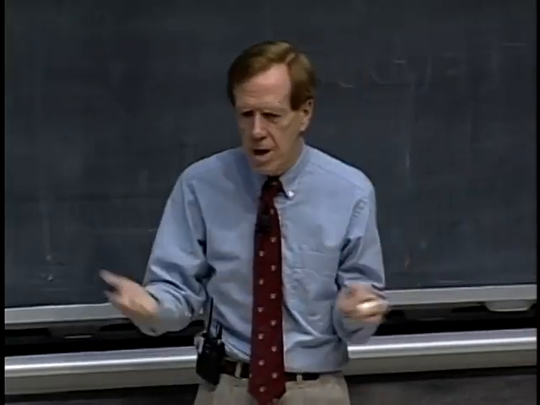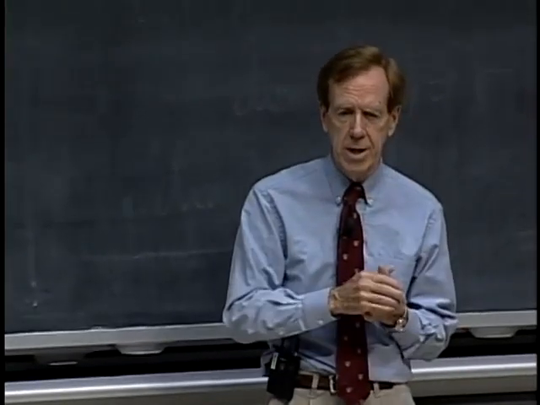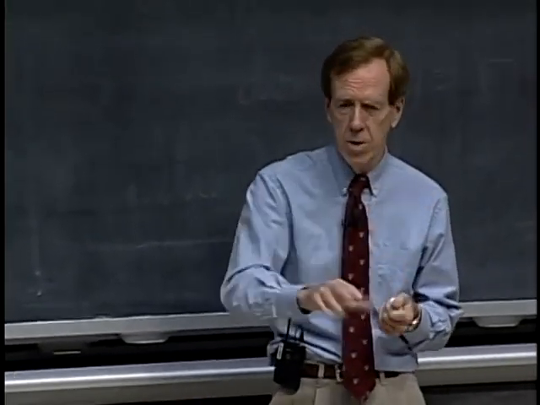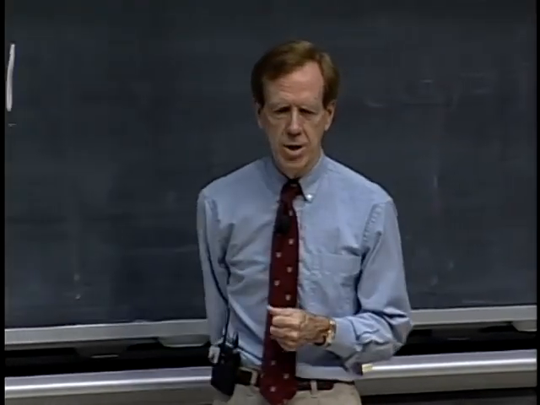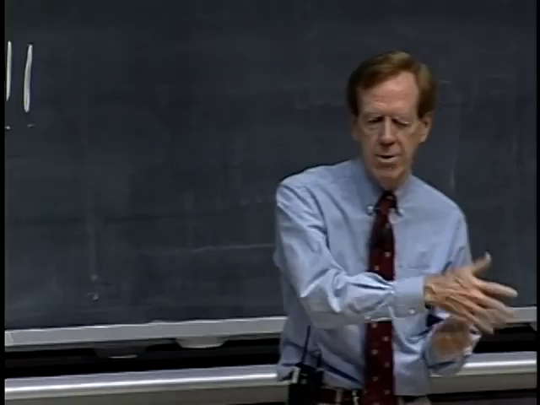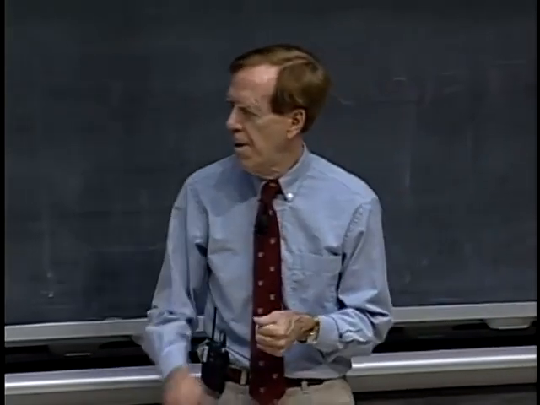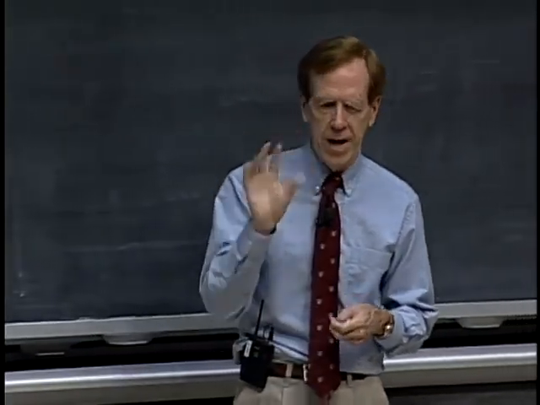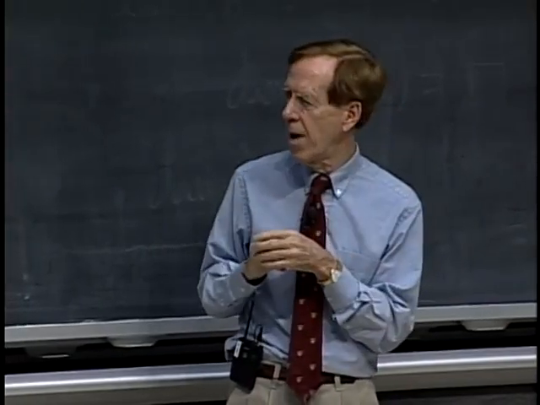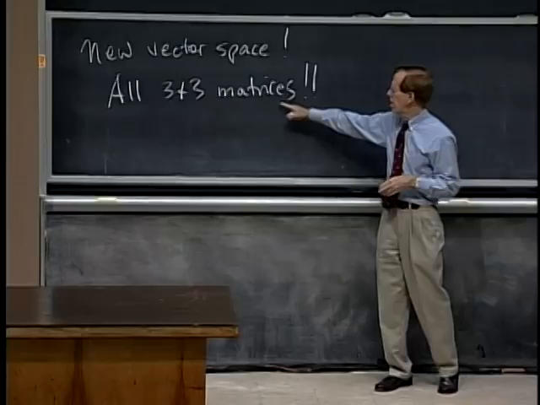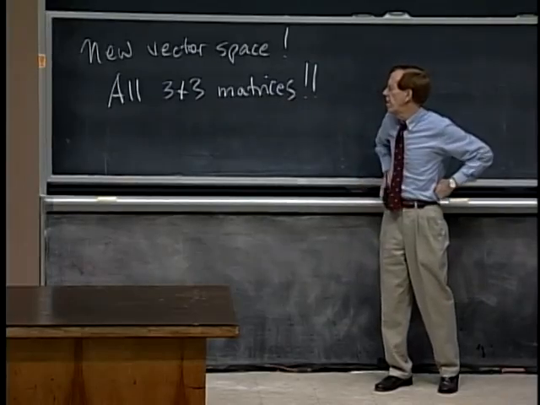And there's a 0 matrix, the matrix that has all zeros in it. If I add that to another matrix, it doesn't change it. All the good stuff. If I multiply a matrix by 1, it doesn't change it. All those 8 rules for a vector space that we never wrote down, all easily satisfied.